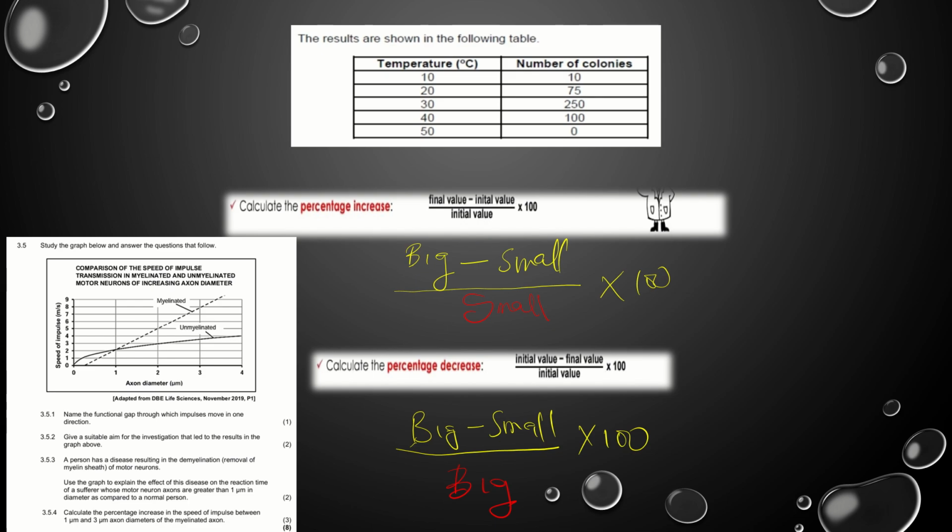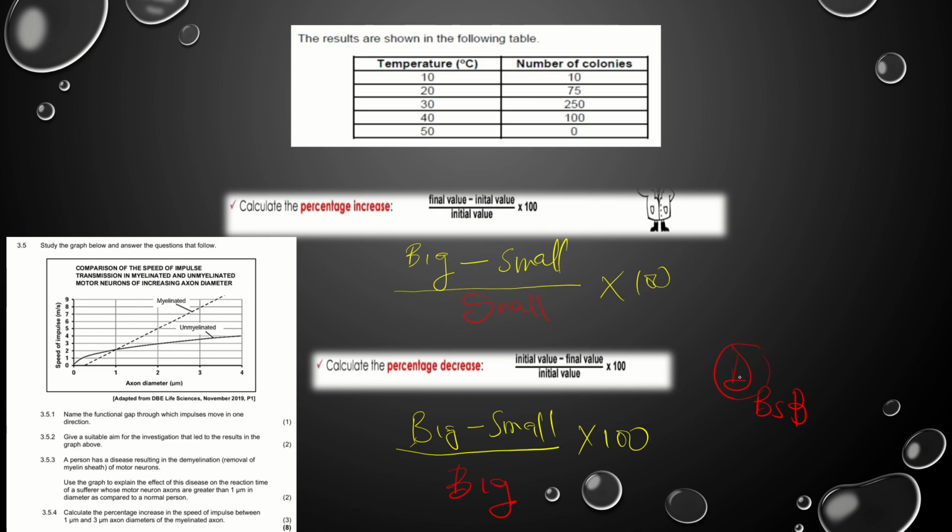So these are the two formulas I use. Run away or stay away from the initial value, final value, initial, final. Just go big minus small, divide by small; big minus small, divide by big. It's up to you how you do it. If you want to stick to D as BSB, it's up to you.